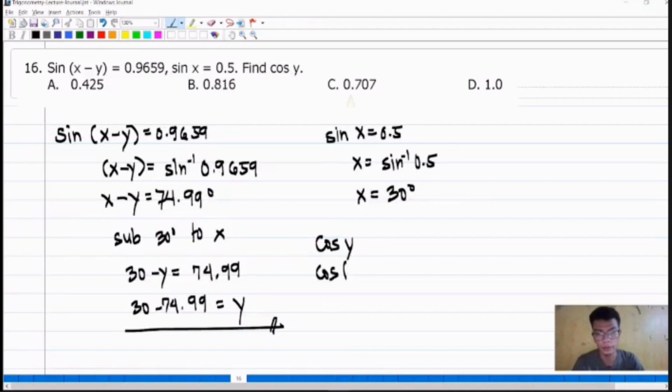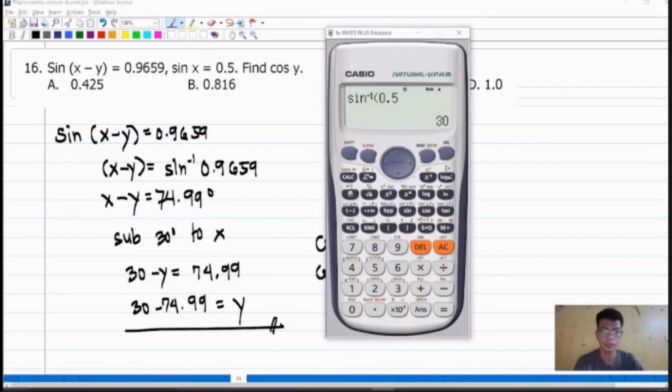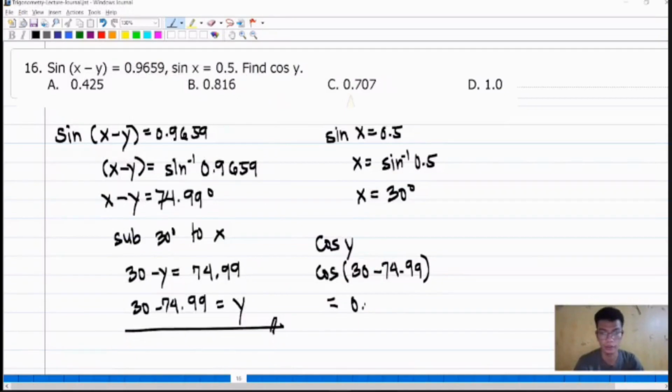So, therefore, cosine y will be the cosine of the quantity 30 minus 74.99. And ano naman ang answer nito? The cosine of 30 minus 74.99, and the answer is 0.707. So the answer is letter C.